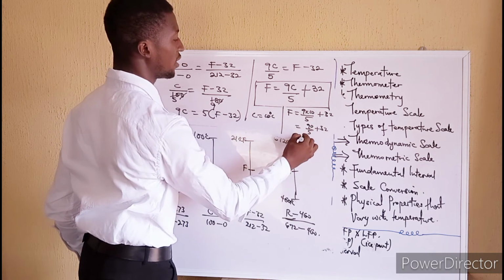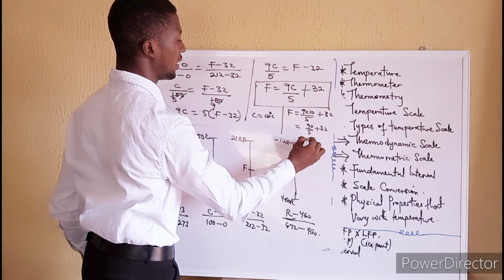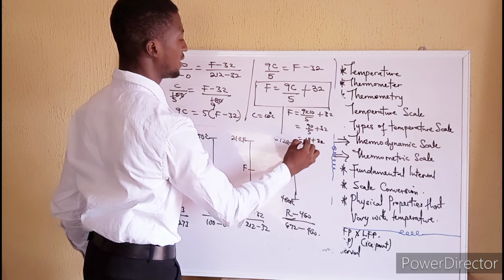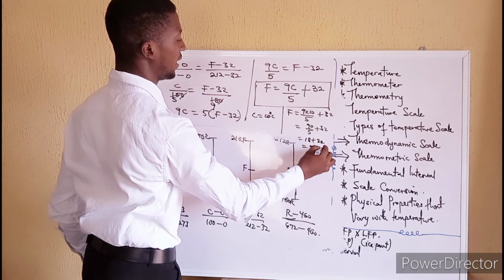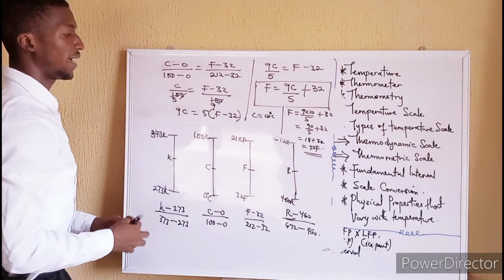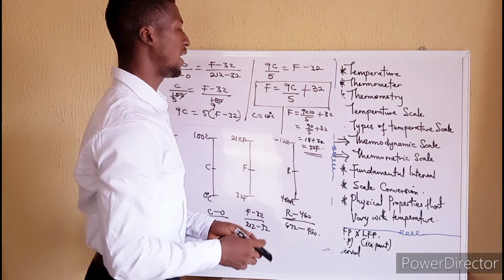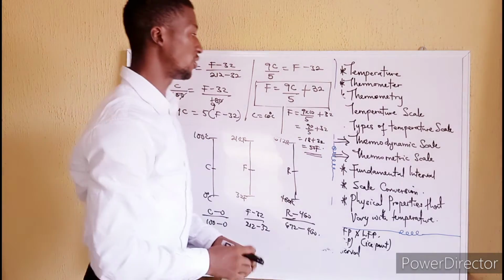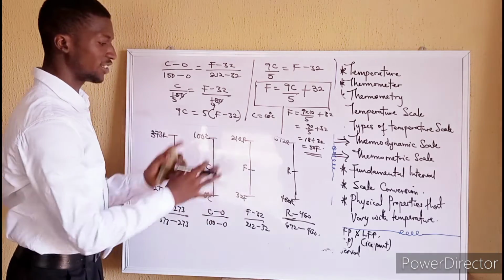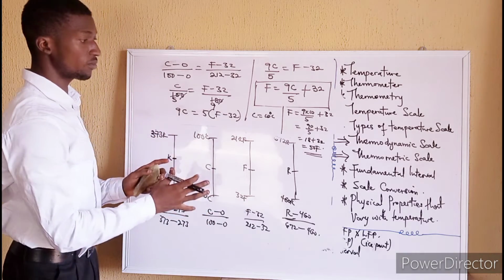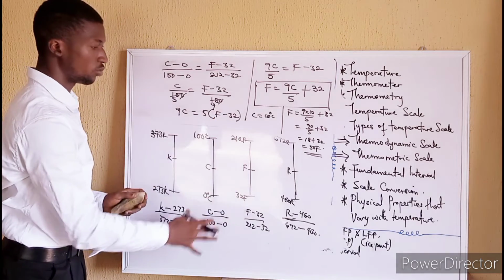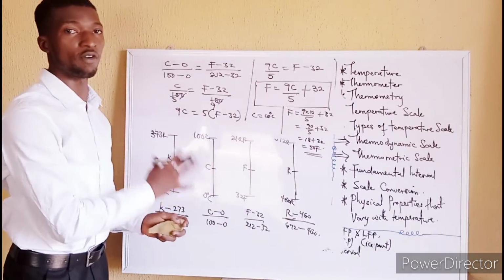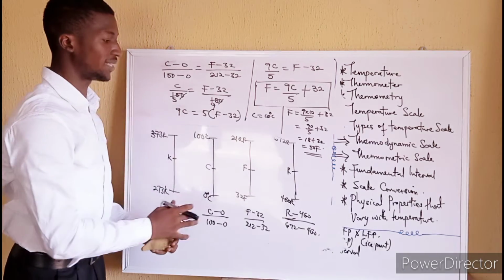And 90 over 5 will give us 18 plus 32. And that will give us exactly 50 Fahrenheit. So 50 Fahrenheit will be the answer to this particular question. So you can take this method anywhere. When you use this method, it will surely work for you to convert from one temperature scale to another.